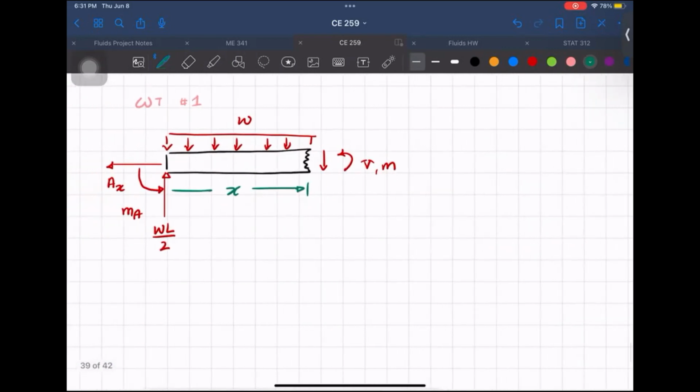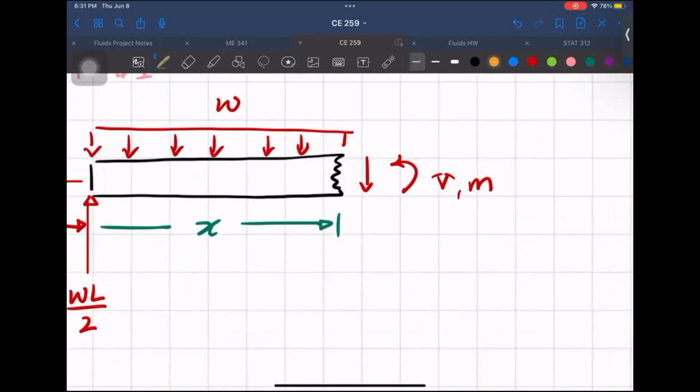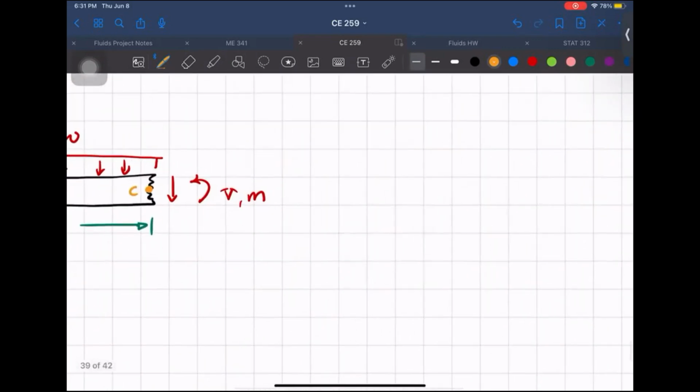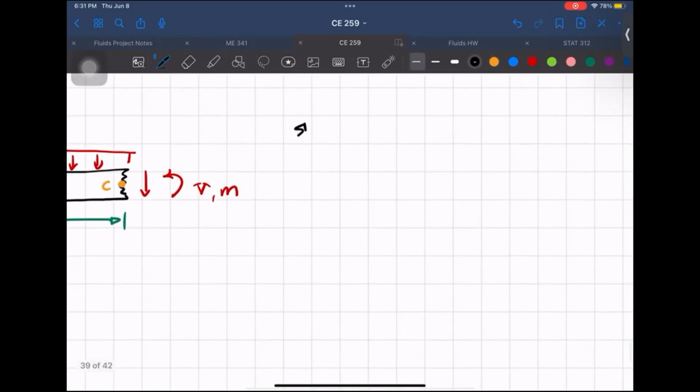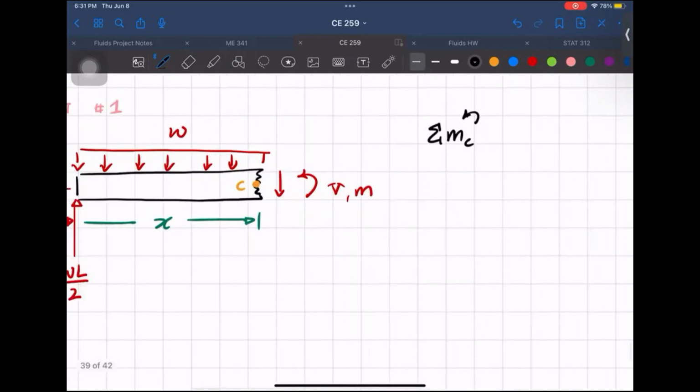In order to continue doing the problem, let's sum moments about C, about the cut.